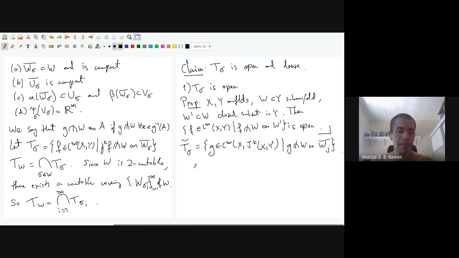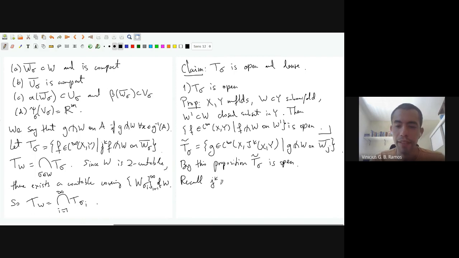Okay, so by this proposition, this T sigma tilde is open. Okay. So now we want to go from this to the set of smooth functions whose jet is transverse. So we simply use the function j^k. And recall that this function, that goes from C infinity of X,Y to C infinity of X, J^k, is continuous.